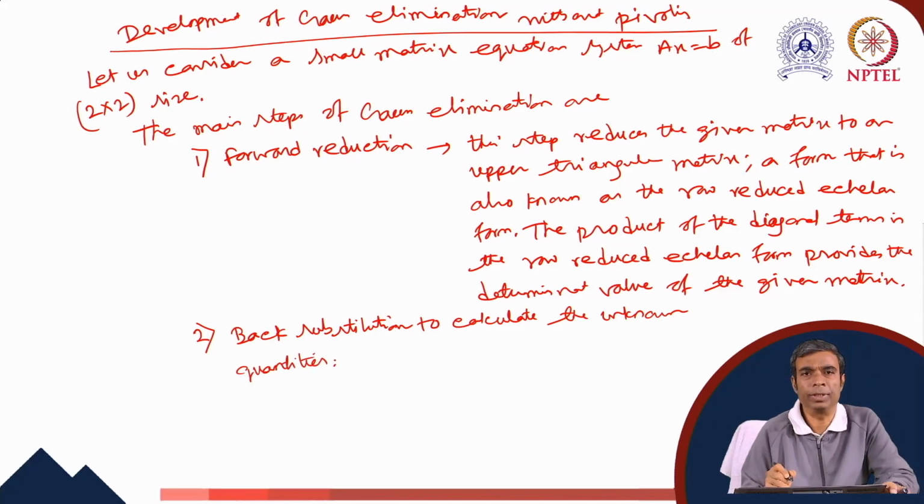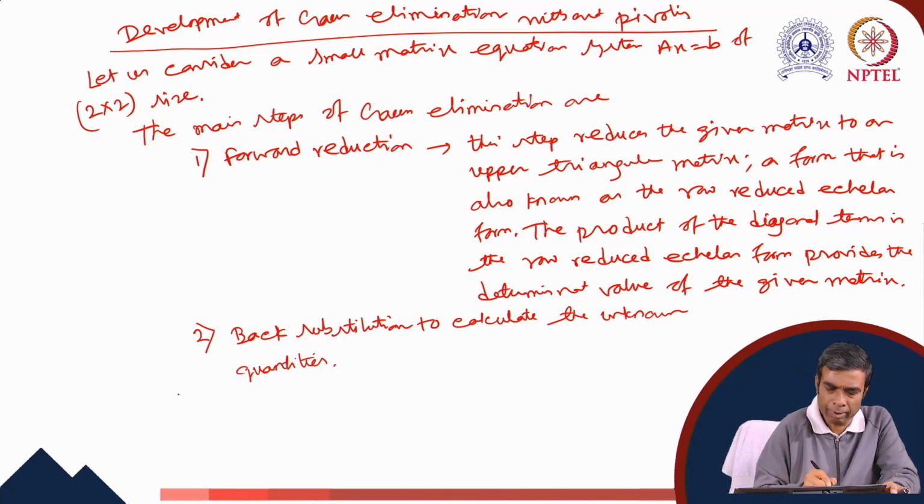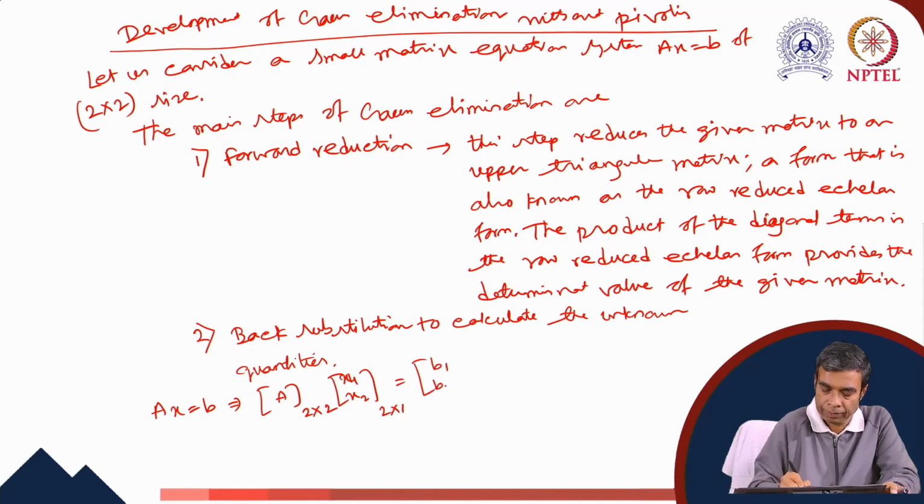So we consider a system of linear algebraic equations where the matrix size is 2 by 2. So here we have Ax equals B such that A is a 2 by 2 matrix, X is a 2 by 1 vector and B is also a 2 by 1 vector.